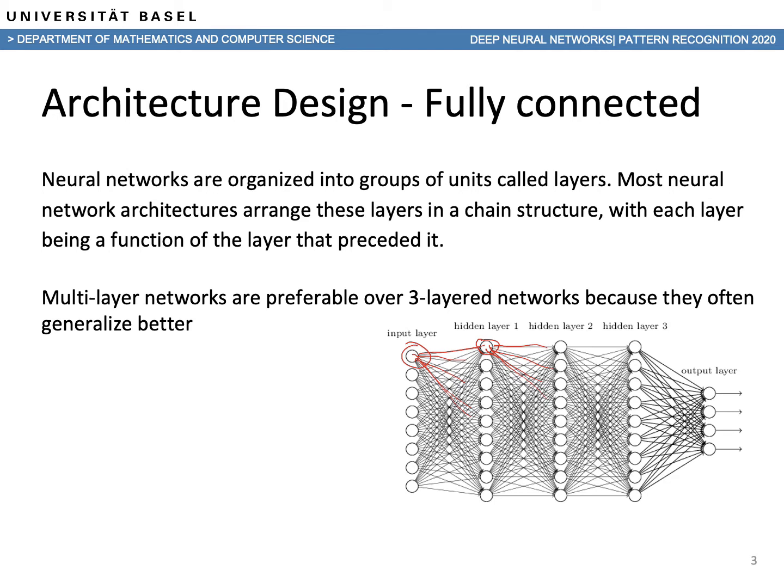And the idea behind having these layered networks is that multi-layer networks are preferable over three-layer networks because they often generalize better. And obviously we could remove some of these connections, maybe where the weights are close to zero.